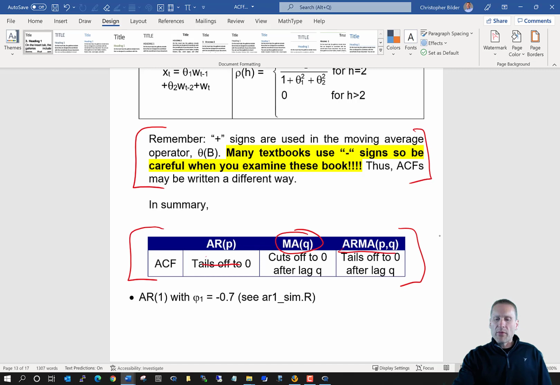And if an ARMA(p,q) model is appropriate, because of that moving average part, we're going to have some autocorrelations in terms of absolute value that are away from 0, and then because of the autoregressive part, the autocorrelations are going to be tailing off after lag q.